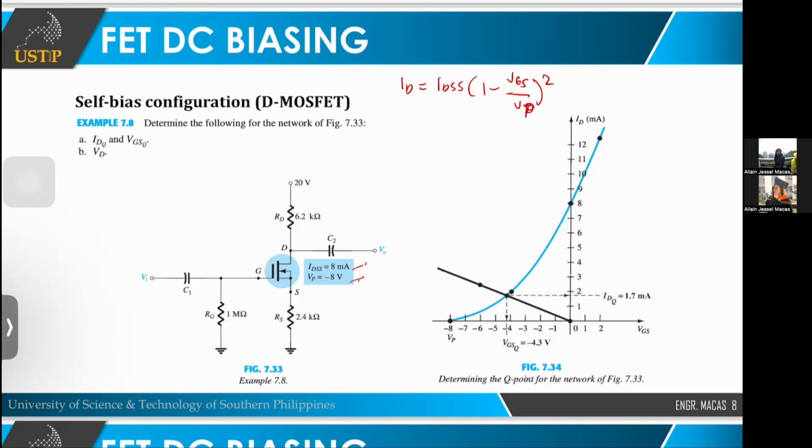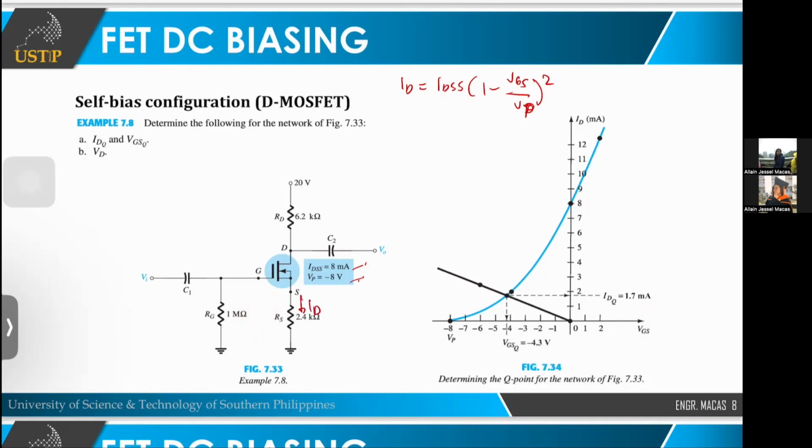Okay, now, for the load line, how do we plot this line here? Let us analyze, what is VGS? Because we are plotting VGS versus ID, right? So, the value of VGS, if we apply KVL in this part, remember that the current flowing through your RS is just your ID.